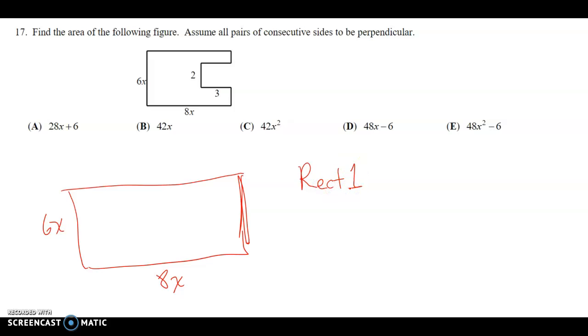So I'll call the larger one rectangle 1, and I'm going to be subtracting from that the area of rectangle 2.